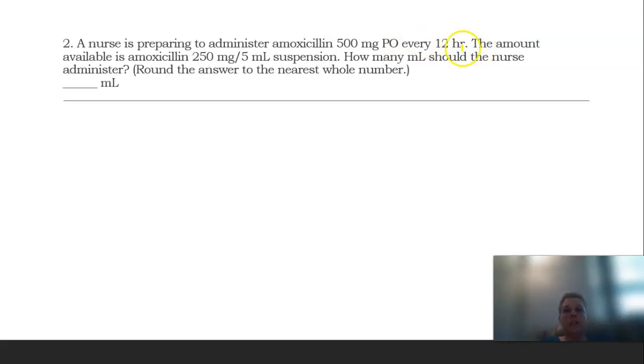Okay, so this one is not telling me per day. It's not telling me in equal doses. It's literally telling me every time I walk in the room, I better have 500 milligrams in my cup.